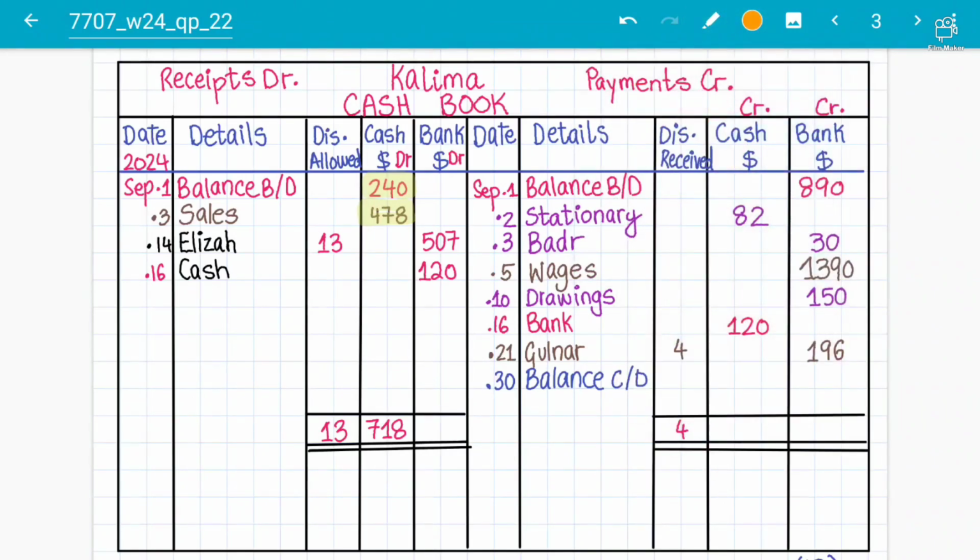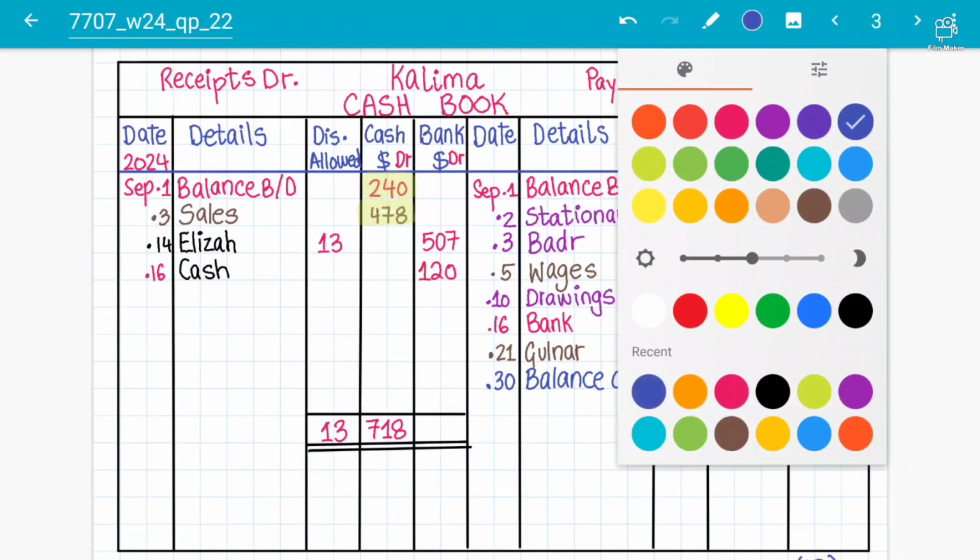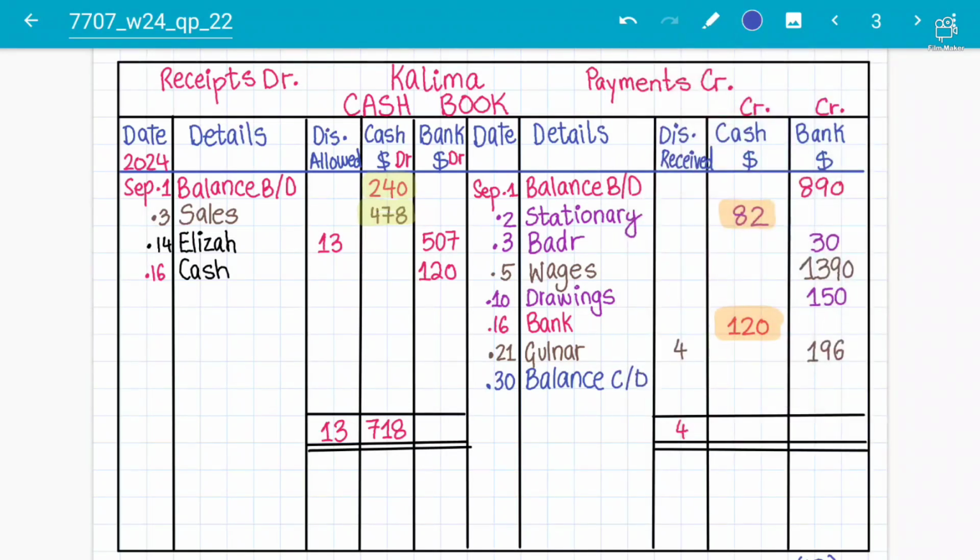The money coming into the business was 718, subtract 82 and $120 out of it. So 718 minus 82 minus 120, the balance carried down is basically $516.